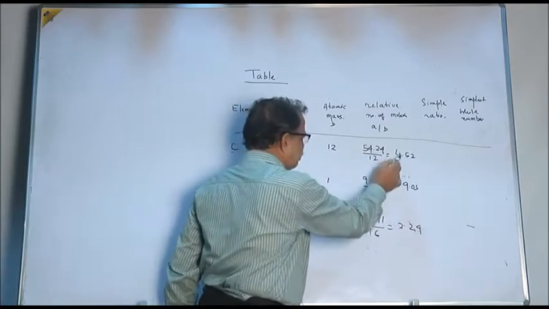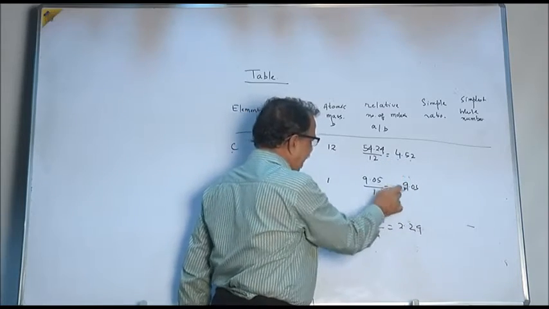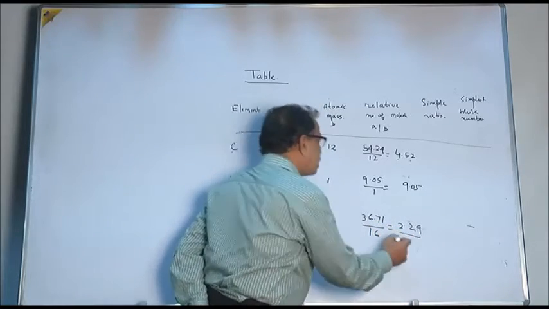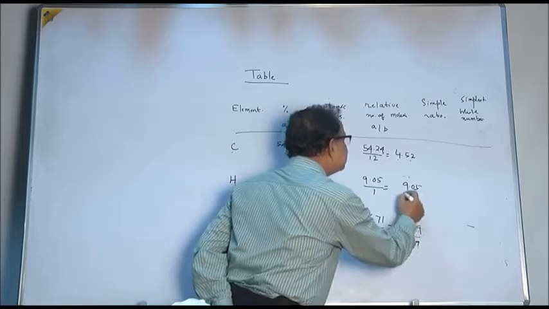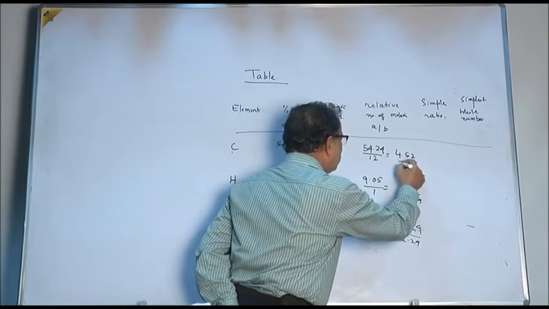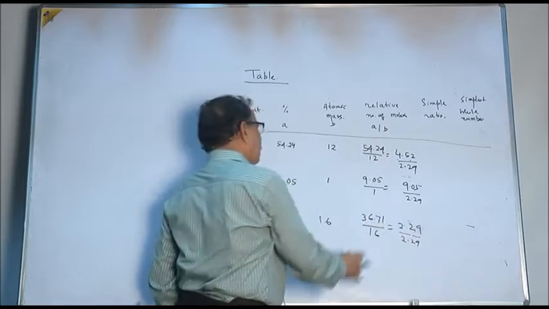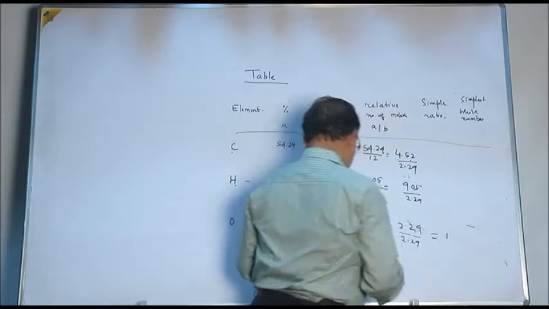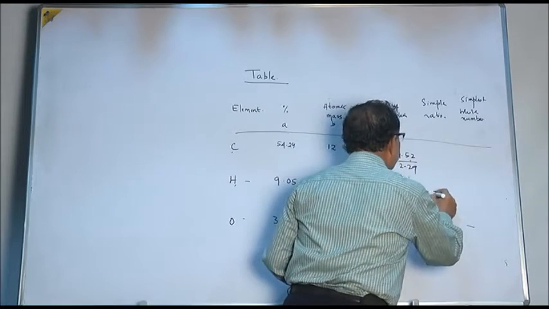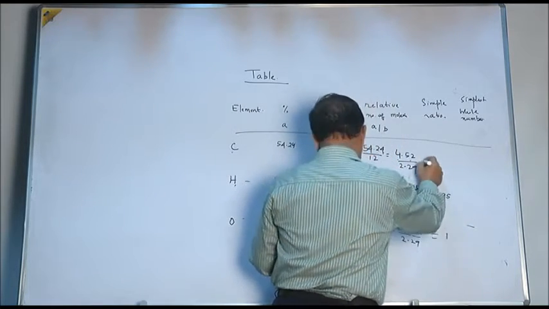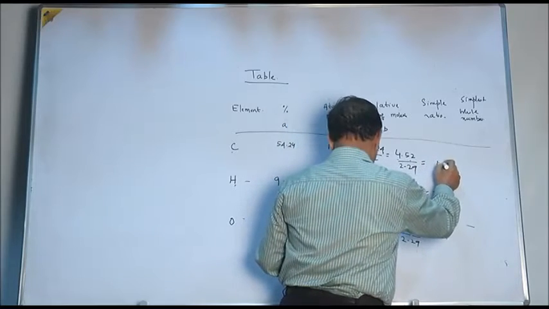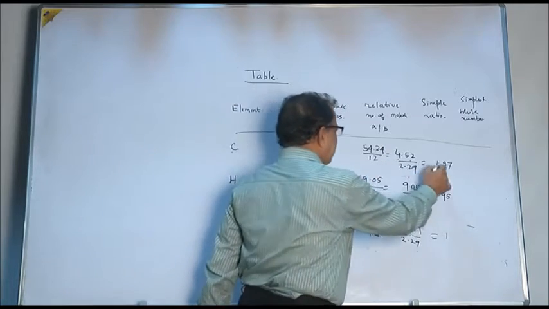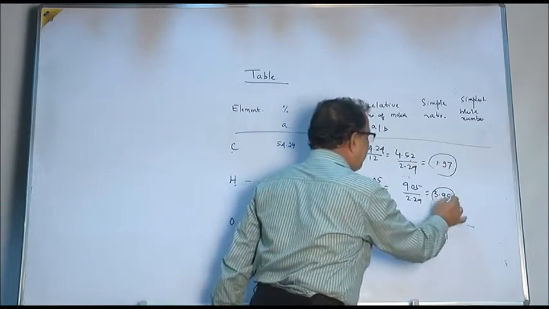The lowest number is 2.29, so divide each by 2.29 to make it a whole number. This will be 1.97, 3.95, and 1. So our simple ratio is 1.97, 3.95 and 1.